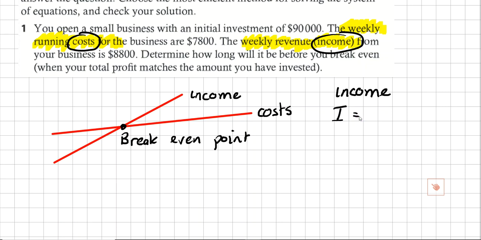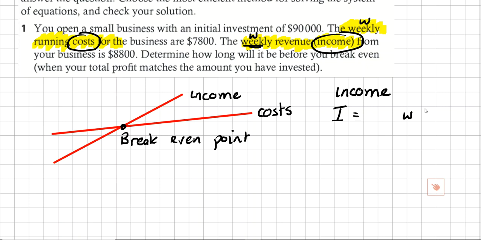Okay. What's the variable then? What goes up every time? Weeks. So the number of weeks. What do you want to give it as a variable, a letter? W, okay. So let's call weeks W. So I'm doing my income in terms of the number of weeks.